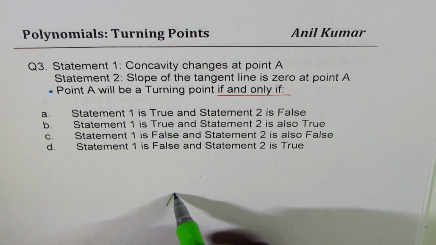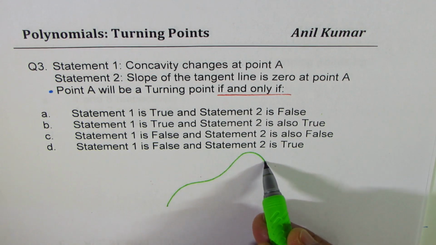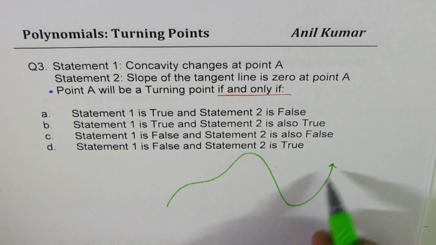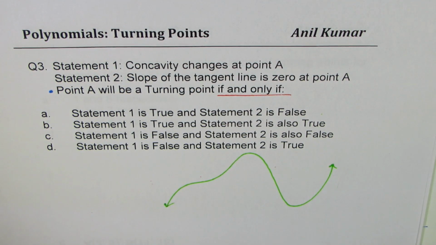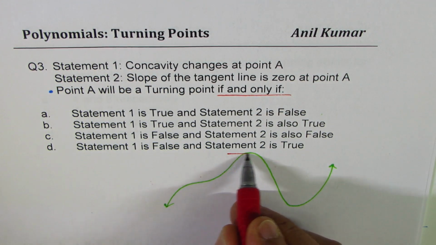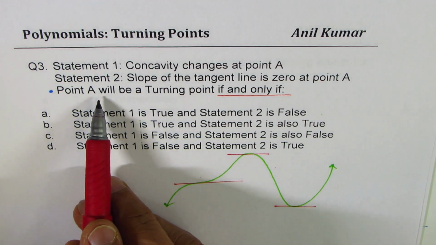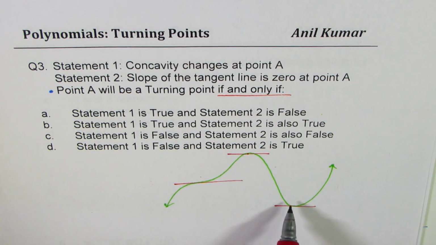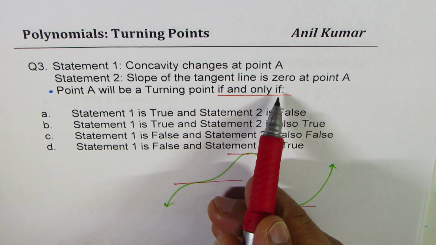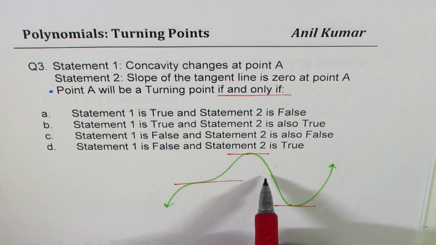So let's look into a graph where we have both kinds of conditions, right? So let's say that is the polynomial. Is it okay? So definitely we have horizontal tangents at a couple of points. Point A will be a turning point, kind of like this, if and only if concavity doesn't change.